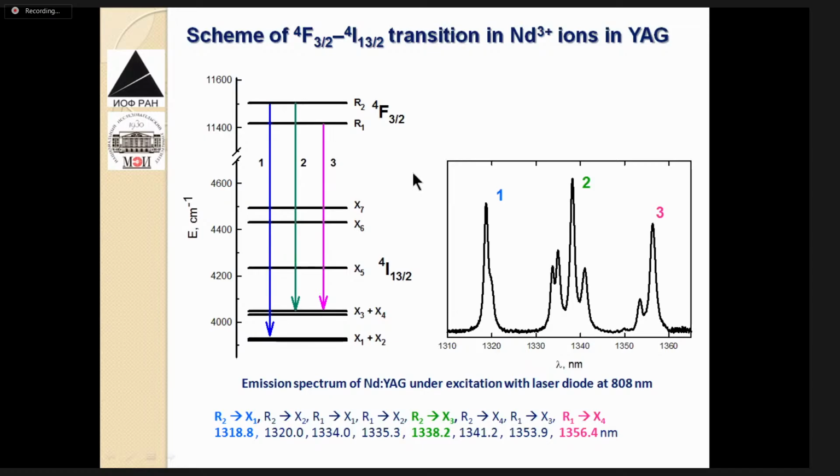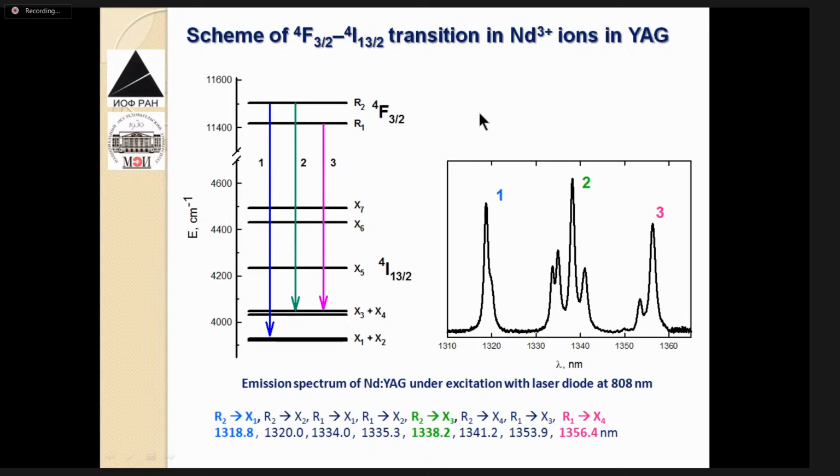This is not the first transition that gives you 1064, but it is the transition that gives you radiation at about 1.3 micrometers in neodymium ions in the standard YAG crystal. It is also well known that the emission cross-section at the wavelengths of 1318 and 1338 has very close values.